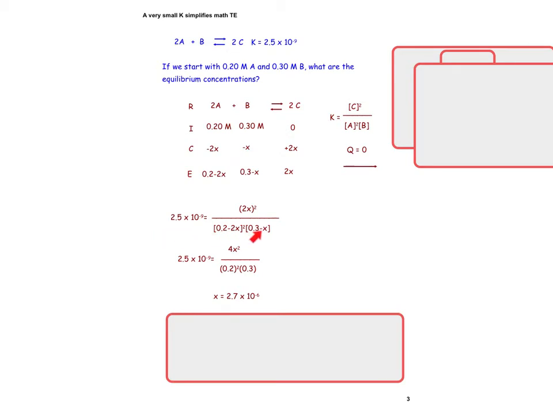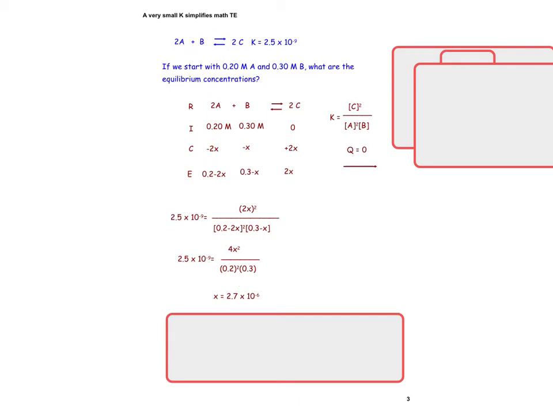This doesn't look like fun. 0.2 minus 2x squared times 0.3 minus x times 2.5 times... Well, this I can do. 4x squared. That's not too bad. If I make the assumption that 0.2 minus 2x is still going to be 0.2, okay. And 0.3 minus x is still going to be 0.3.